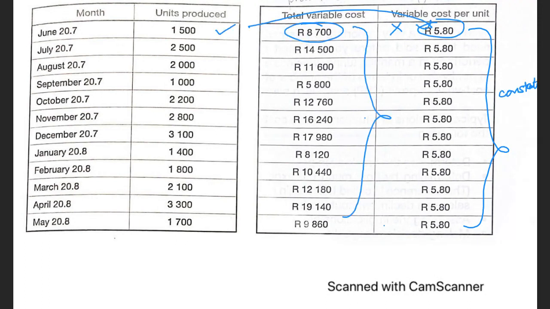But now when we increased volume to 2,500 times the 5.80, that was 14,500. Then we decreased the production to 2,000. So that's 2,000 times the 5.80. So that was a decrease to 11,600. And it will continue like that. When you increase, the cost will increase. When you decrease production, the cost will decrease.